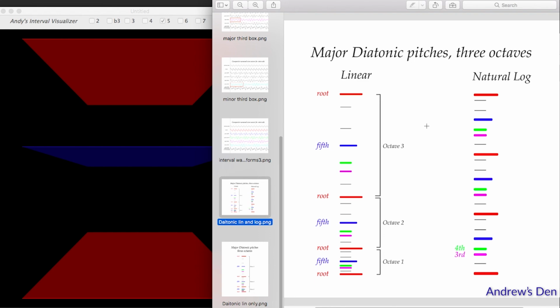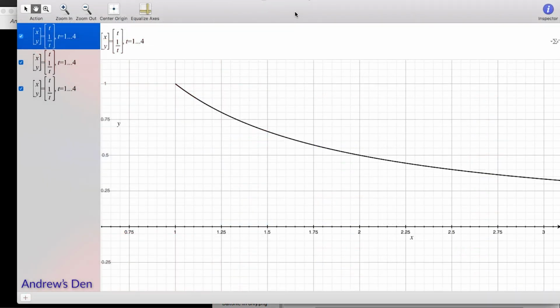Now let's take a look at what that really means just briefly. I have some graphing software here graphing the harmonic series. And that harmonic series essentially is just y equals 1 over x. And you can see it. So if here's 1 for x, this is the x coordinate, 1 over 1 is 1, and sure enough, y, which is the vertical direction, is 1.